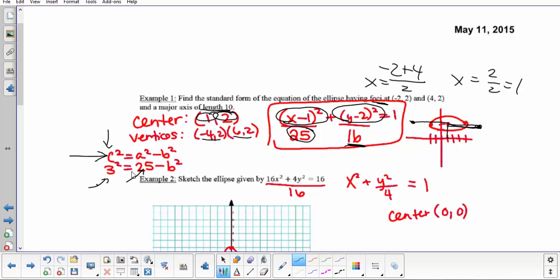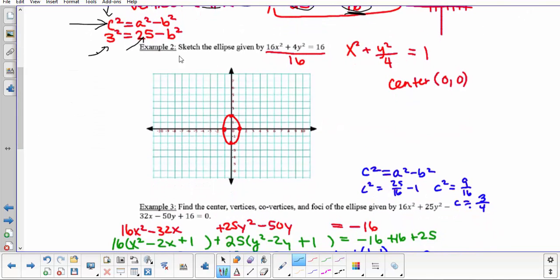When we do the math, 9 minus 25 would be -16. So -16 is -b squared, so that means b squared is 16. And remember, the value that goes here is b squared, so we don't have to take the square root and then square it again. We can just use the 16.